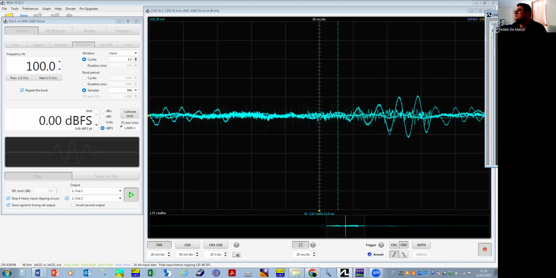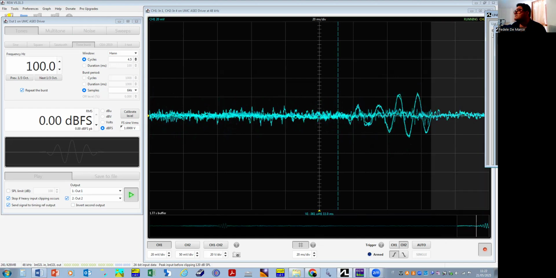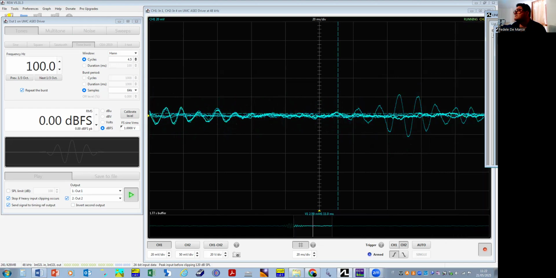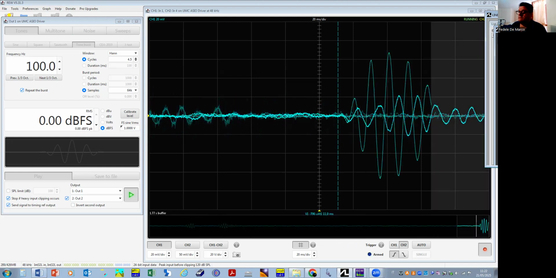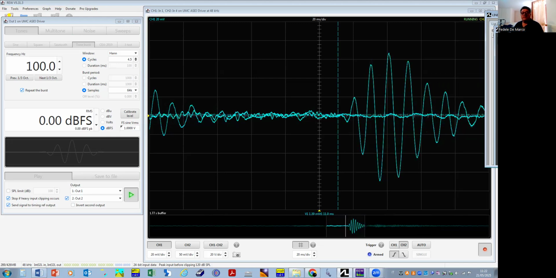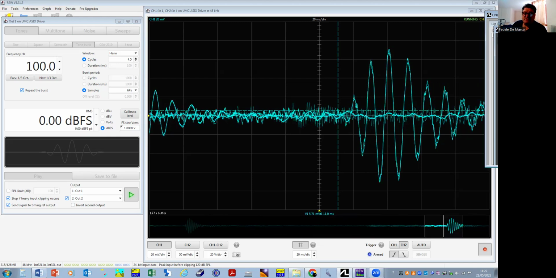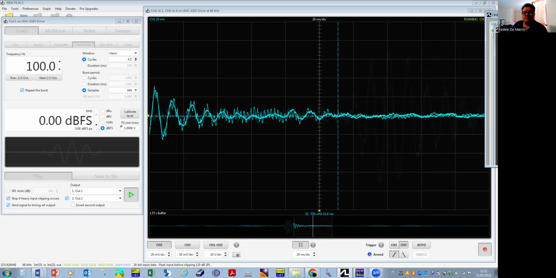So I introduce polarity inversion in the subwoofer, and I have the expected sum, okay?